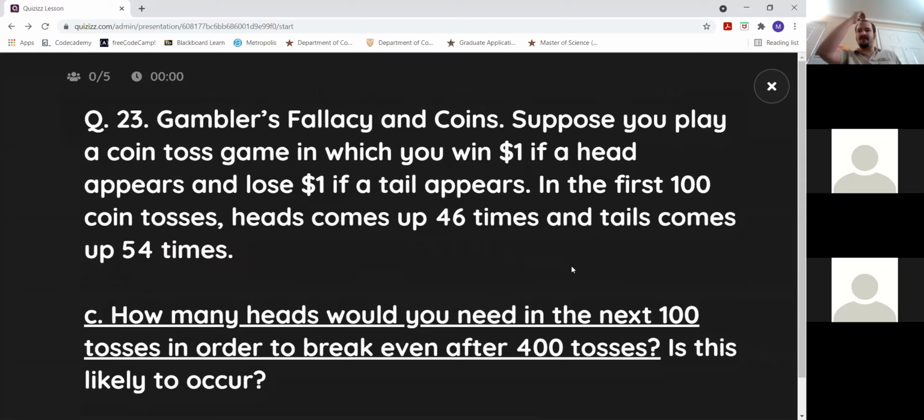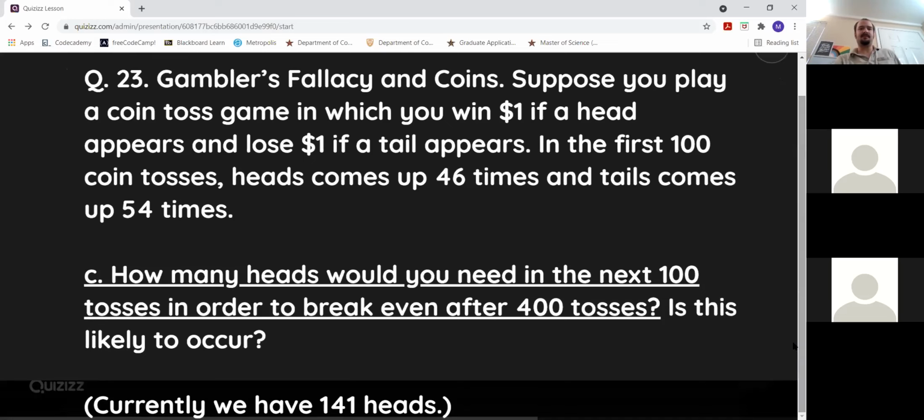How many heads would you need in the next 100 tosses in order to break even after 400 tosses? Is this likely to occur? So how many would I need to break even out of 400? Even Stevens, would it be 200 heads and 200 tails?